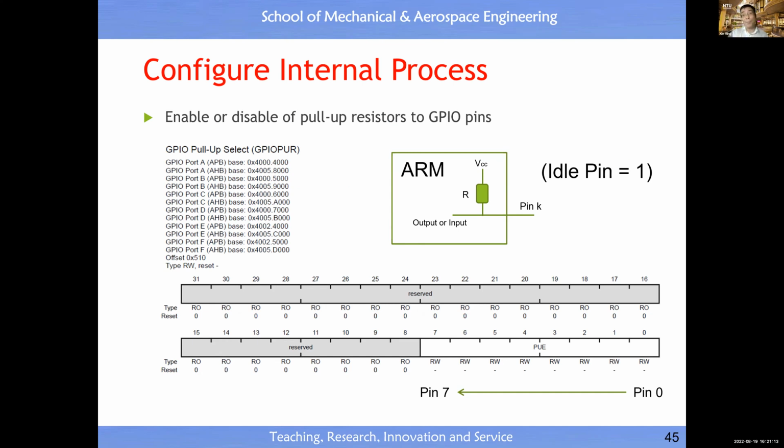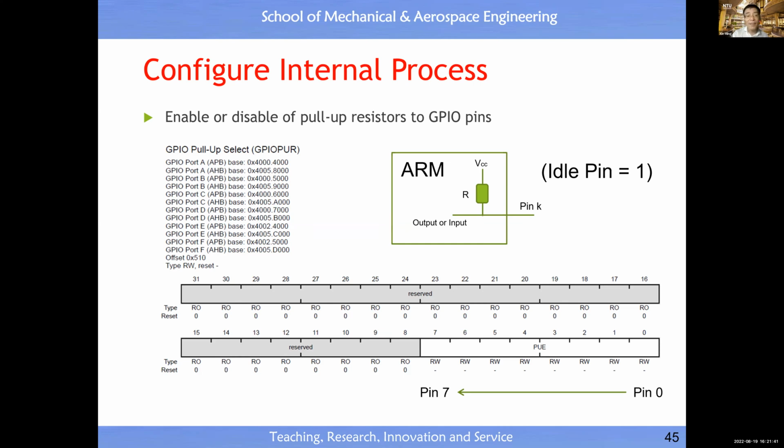That may be interpreted by your motor as a 1, turning on the motor. That is dangerous, right? So how do we prevent that? You may have a convention: if I do not send any signal, the output is always 1. How to do it? Turn on the internal pull-up resistor. Pull up to 5 volts means that if I do not output anything, by default the line is always 1.